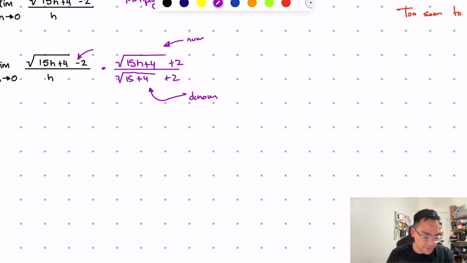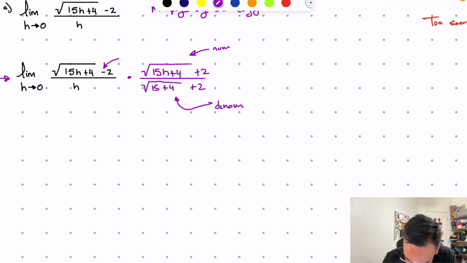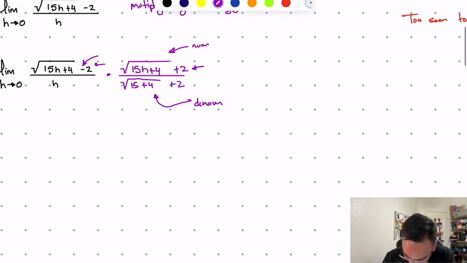Now, it looks very hard because you're like, huh? What is this? Well, in algebra, we went over something that was pretty simple, if you guys remember, that if you look at this and this, it is called the difference of squares.